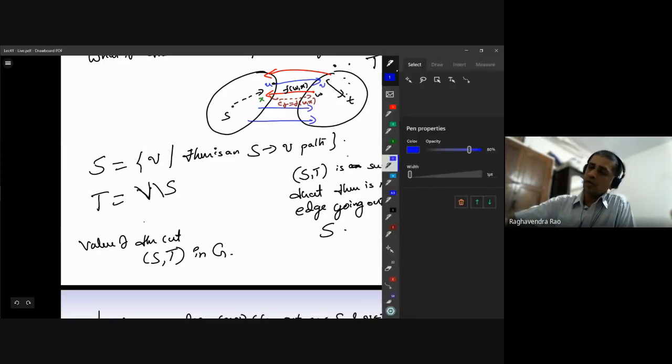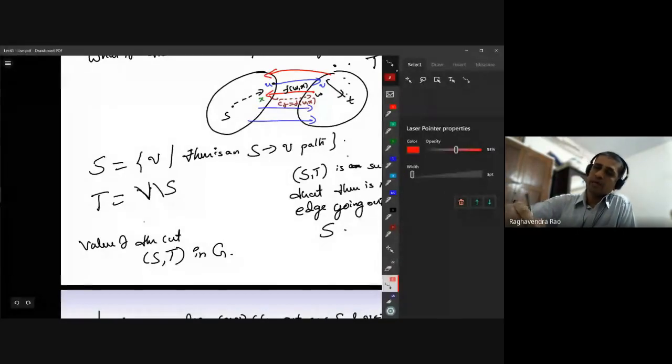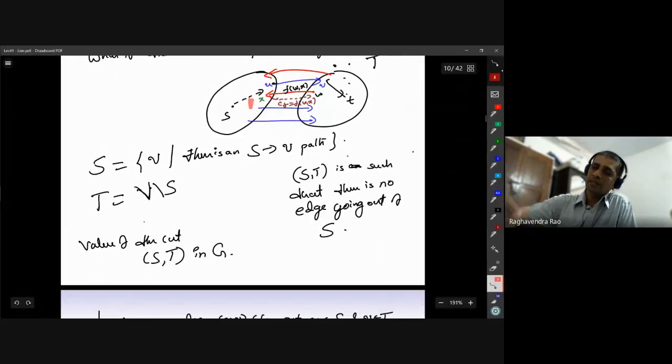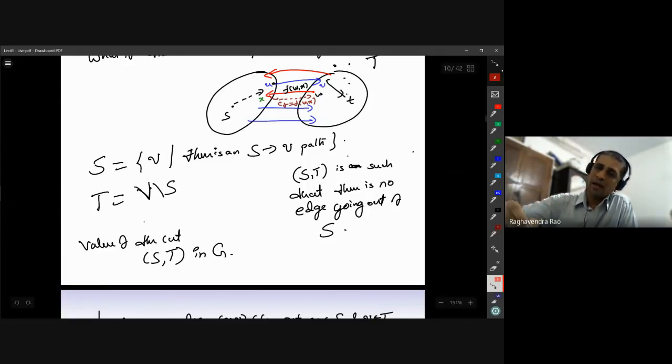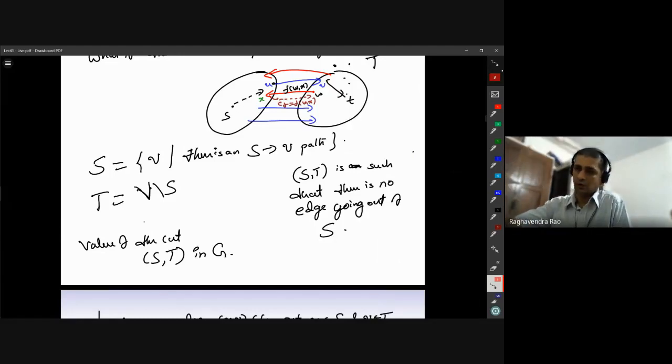There are two ways an edge from a vertex in S to a vertex in T would have had a non-zero capacity. One is we had that edge in the original graph and there was some residual capacity. The other possibility is there was an edge in the opposite direction.